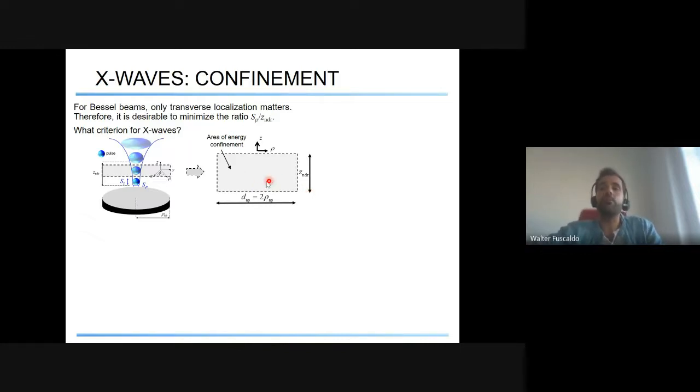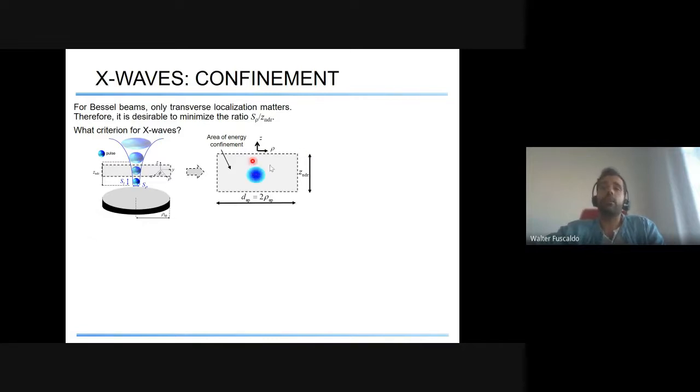So the pulse will travel with almost the same intensity up to the non-diffractive range, and then it will abruptly vanish. So we are interested in having a small longitudinal size only up to the non-diffractive range.